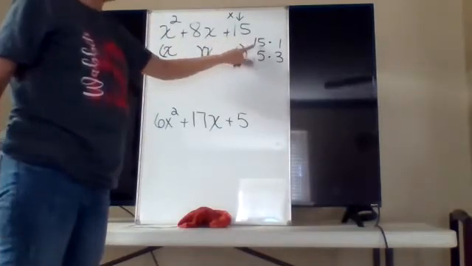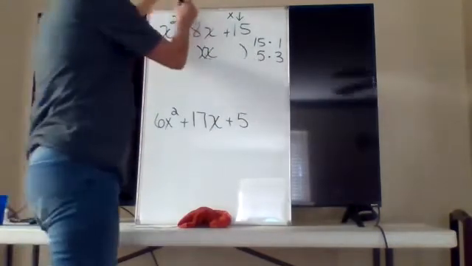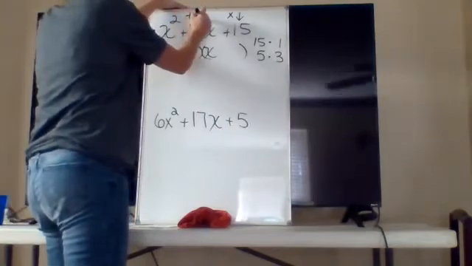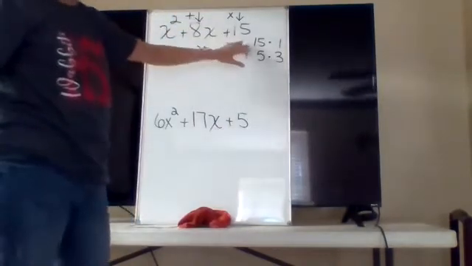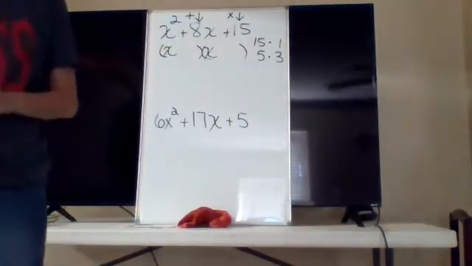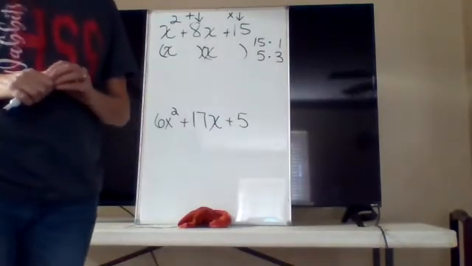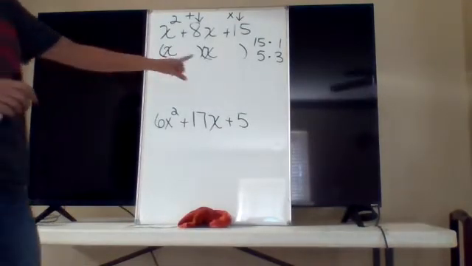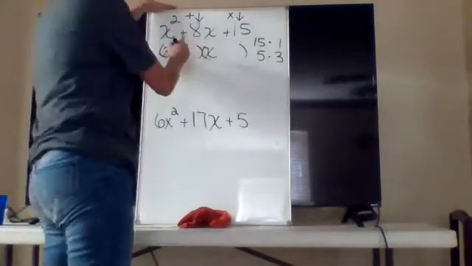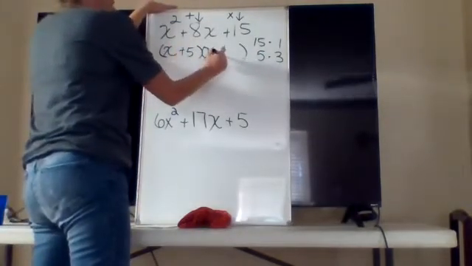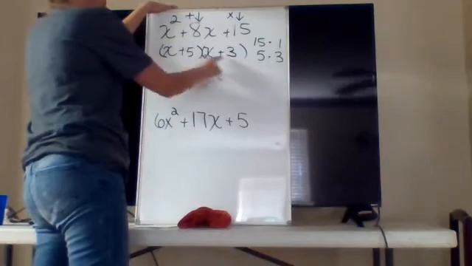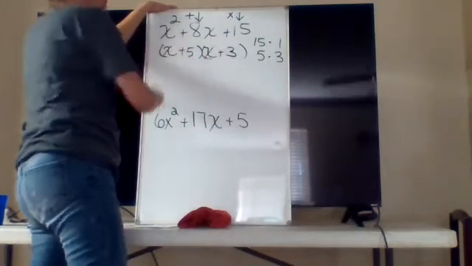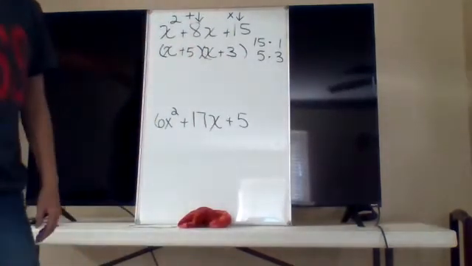Not only do they have to multiply to equal 15, they also have to add to positive 8. So when you're looking at your pairs, which one of those adds to positive 8? The 5 and the 3 do. And they both need to be positive, right? A positive 5 and a positive 3 need to add to positive 8.